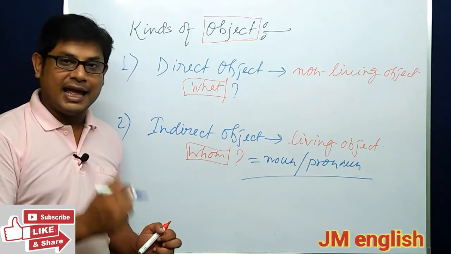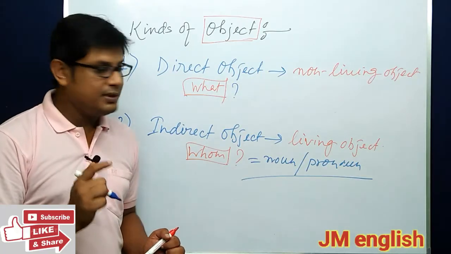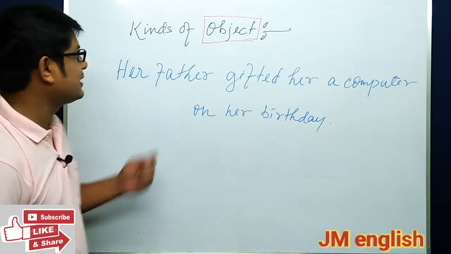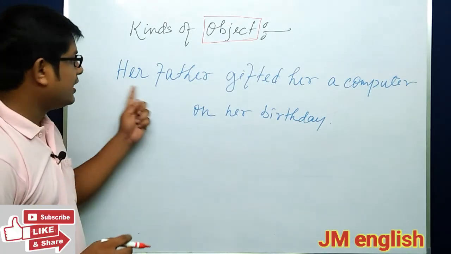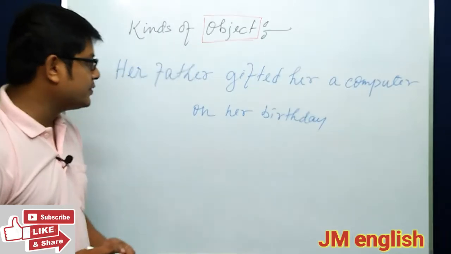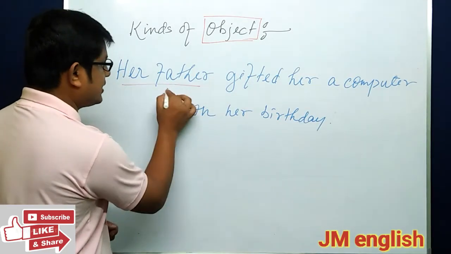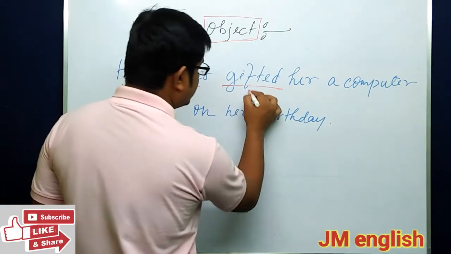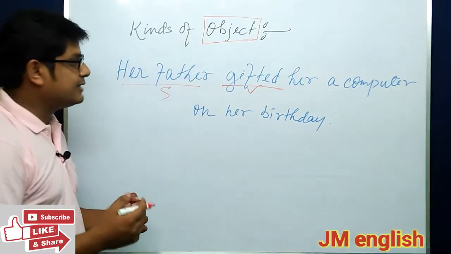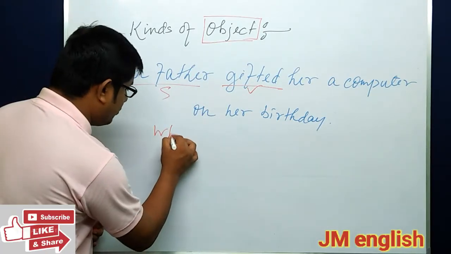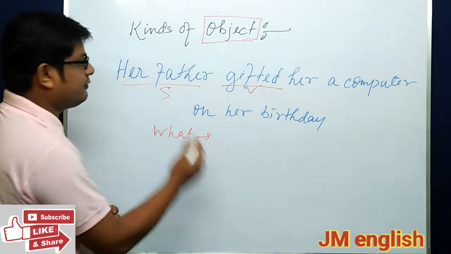And let's see one sentence example to clear this concept. Okay, so we have this sentence to clear the kinds of object: her father gifted her a computer on her birthday. Okay, so her father, this is the subject, gifted, which is the verb. Now you have to find the answer and also the kinds of object. So if you ask the question with what, her father gifted what?